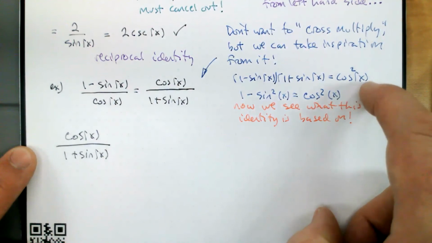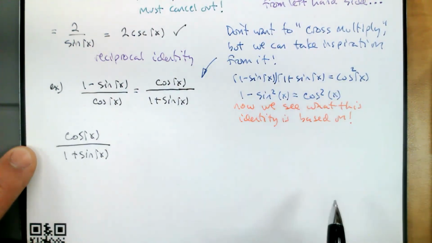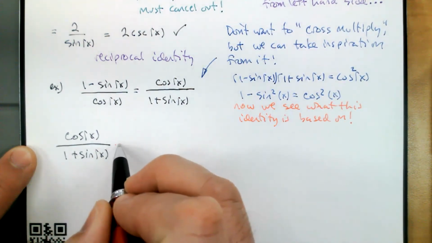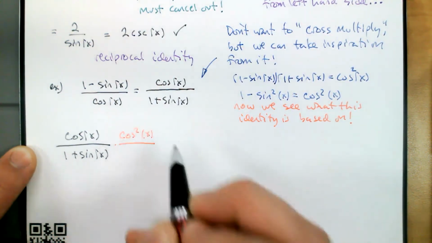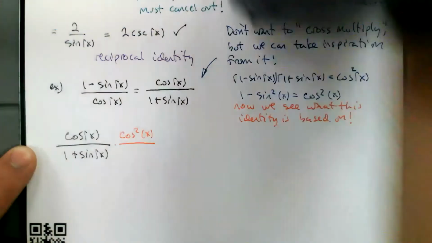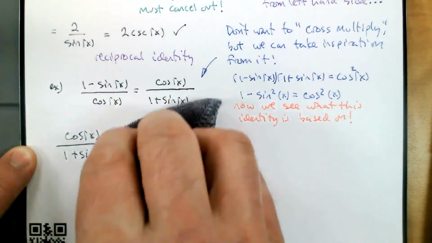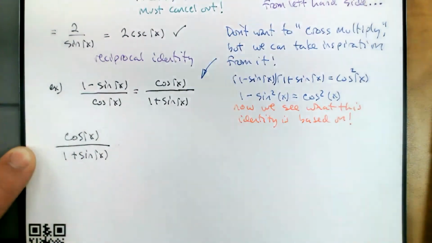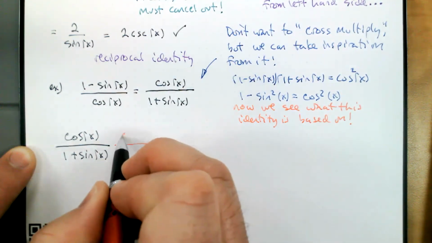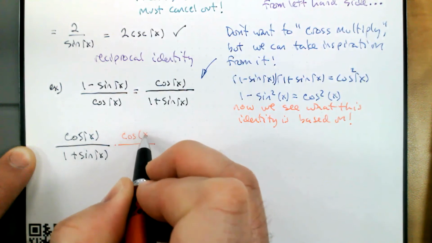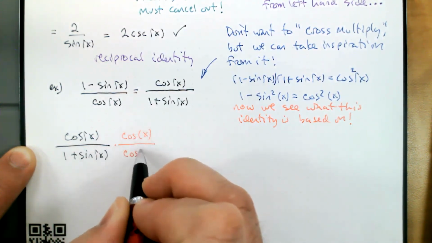But since we've seen that our inspiration is going to be this cosine squared, I'm going to make that cosine squared happen. Oops, I got ahead of myself. Now it's just giving me a whole extra factor of cosine, which we don't need. I'm going to make the cosine squared happen by multiplying the top by cosine x and then the bottom by cosine x.